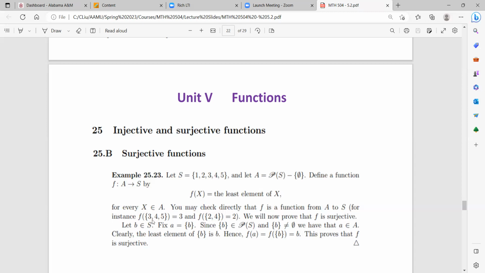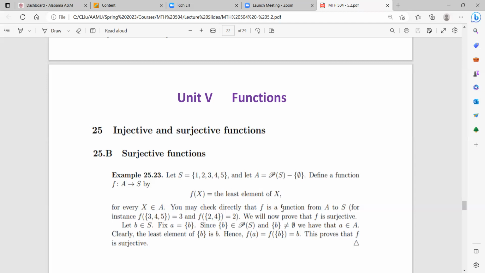The argument of the function, in other words, is a subset of S. It is a function because given any non-empty subset of S, you can always find at least one element, and only one least element, right? So it is a well-defined function.